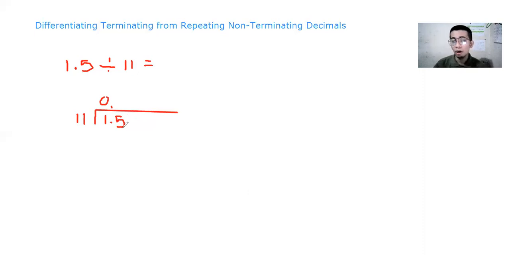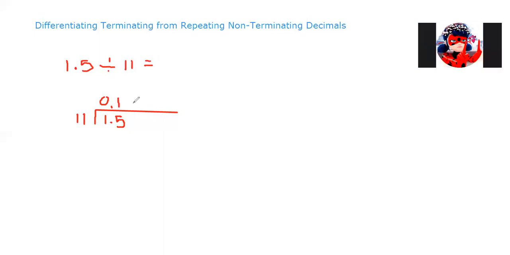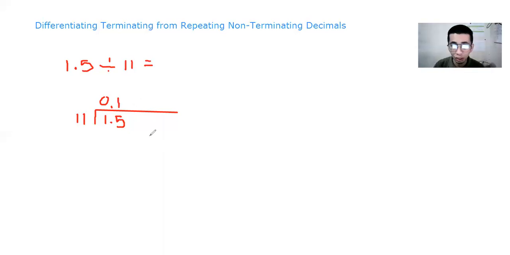Ngayon, how many 11 there is in 15? Kasi gagawin natin 15 divided by 11. Ilang 11 meron kay 15? Only 1. So we're going to answer 1 in our quotient.